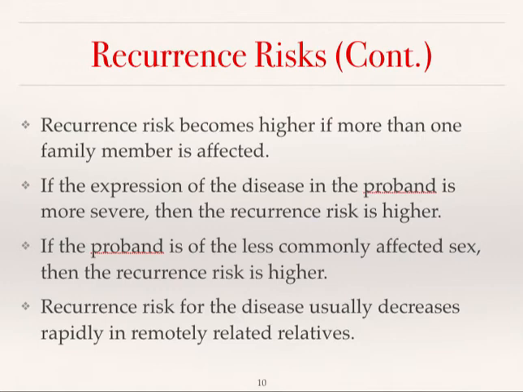I hope that makes sense: if the first-degree relative was female versus male, the risk is higher for that patient. Risk for disease usually decreases rapidly in remotely related relatives, so it decreases the further away the relative is from that patient.